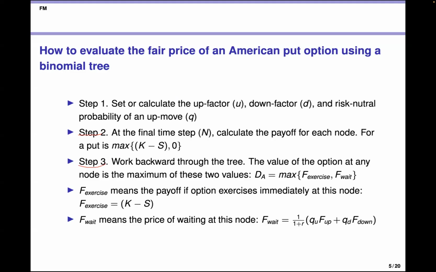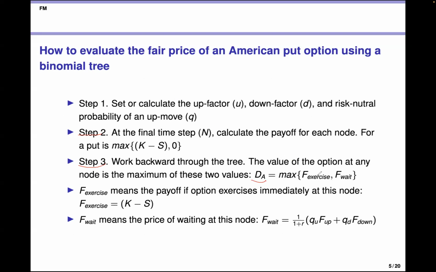We work backward through the tree. The value of the option at any node is the maximum of two values. So the value of the American put option is the maximum between two values.